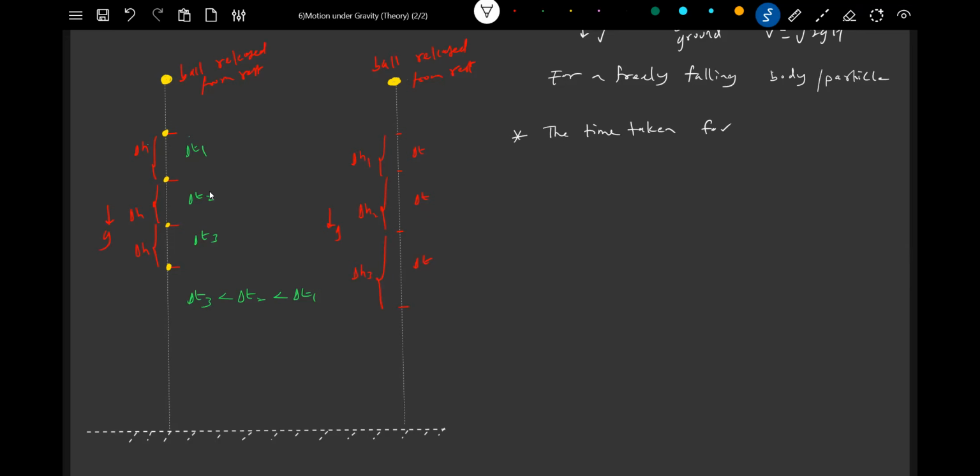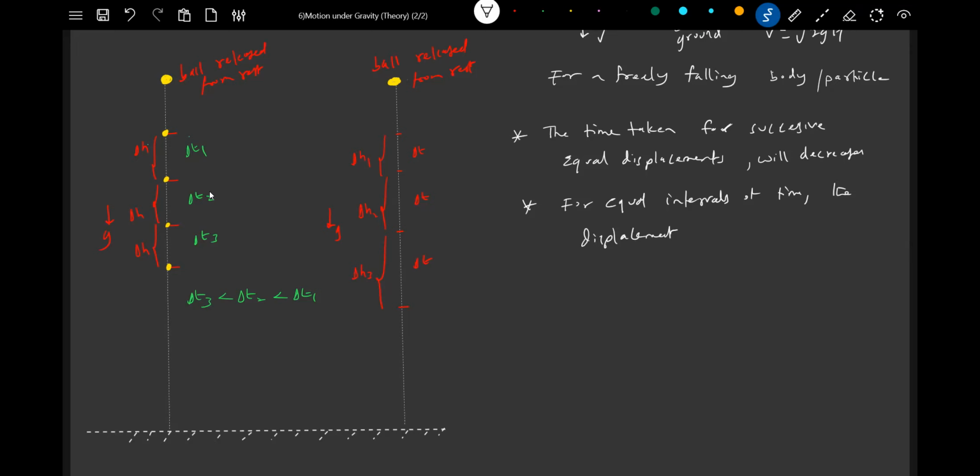The time taken for successive equal displacements will decrease. Next again.